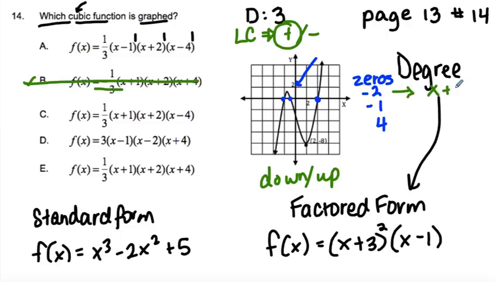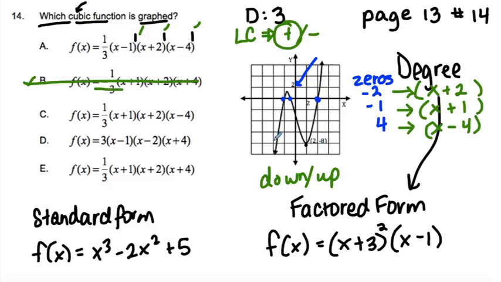So x plus 2, x plus 1, and x minus 4. So I'm looking for a polynomial with those zeros. Now the good news is, because they all have a degree 1, that means that the multiplicity is 1, which means it goes through the point.